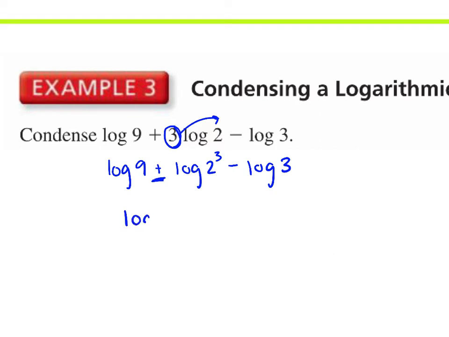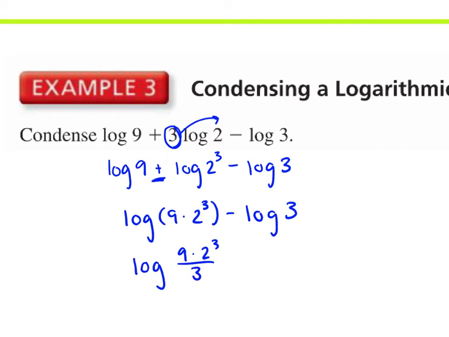So this would be log of 9 times 2 cubed minus log of 3. And now we're subtracting. So how can we bring it together again when we're subtracting? Divide. So log of 9 times 2 cubed over 3.